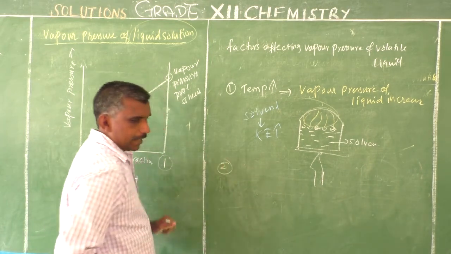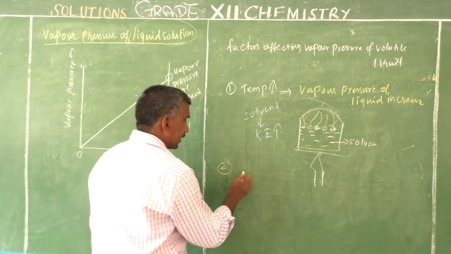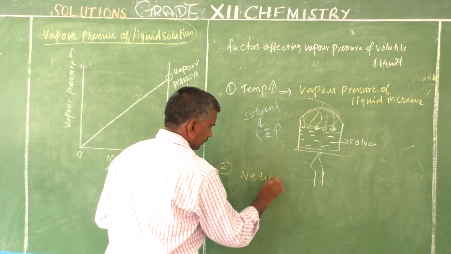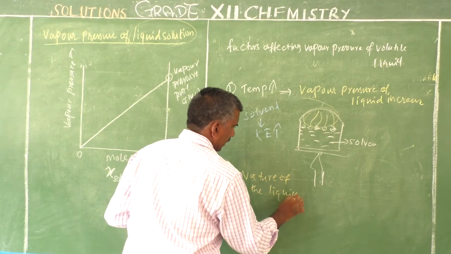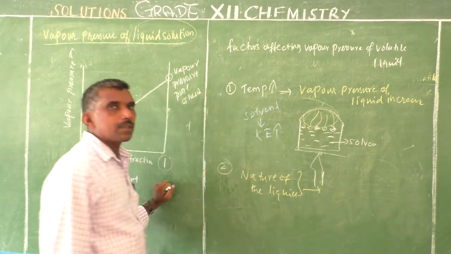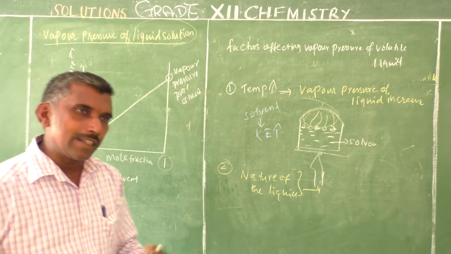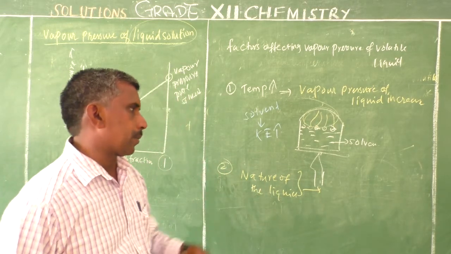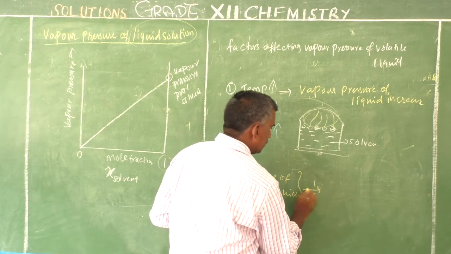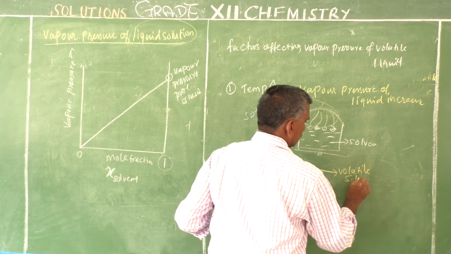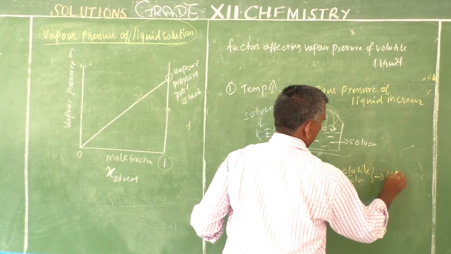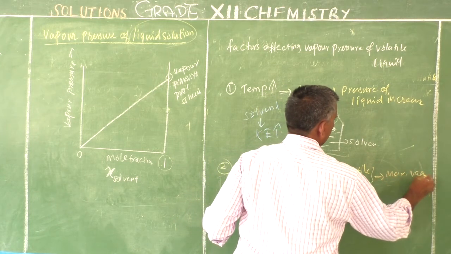Second is the nature of the liquid, that is, the solvent. A volatile solvent evaporates easily, giving maximum, high vapor pressure.